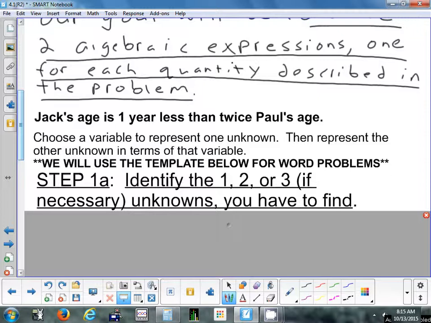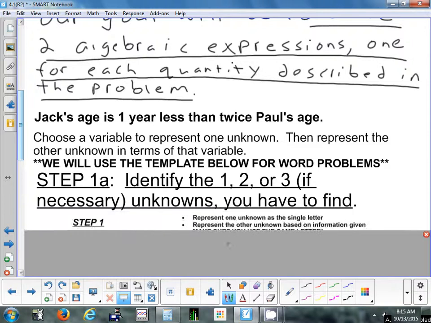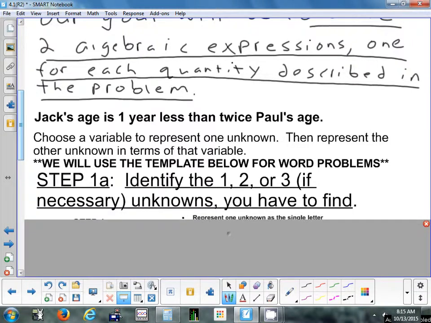Tell me something in that sentence you don't know. Paul's age. Sure, that's one thing you don't know. Is there anything else in that sentence we don't know? Victor? Jack's age. There we go. So in this particular problem, there are 2 things we don't know: Jack's age, Paul's age. Any question on that step?